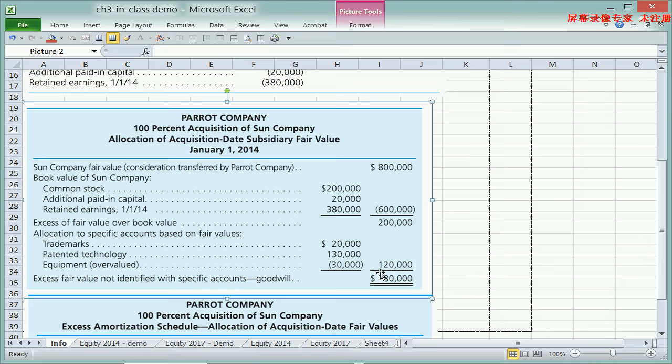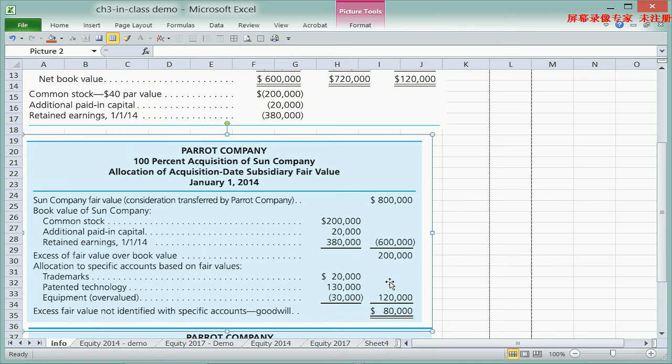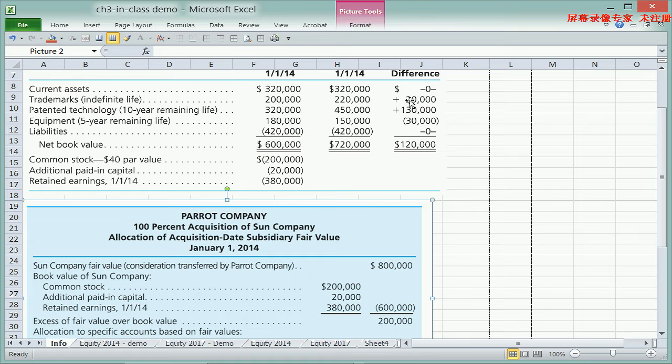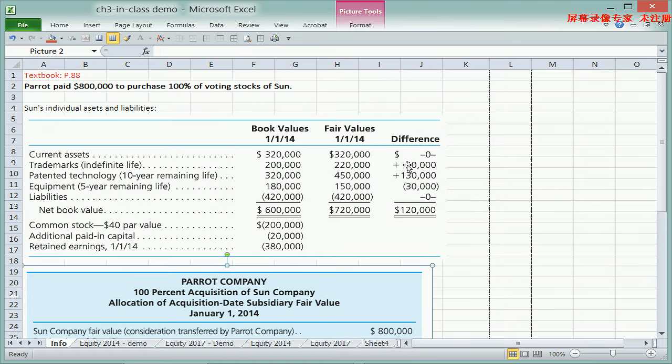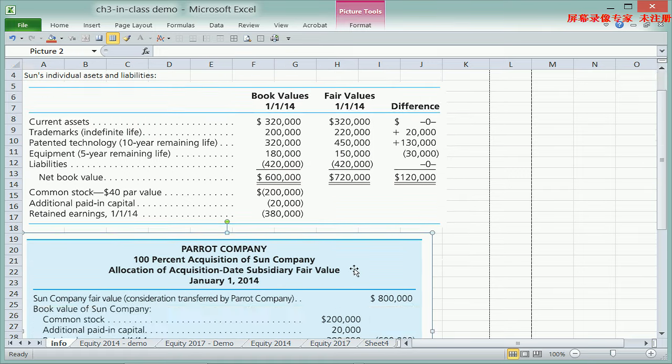The remaining value that is not allocated is attributed to goodwill. So we can see these numbers, for example, the trademarks, the allocation coming from the difference between the book value and the fair value when the acquisition happens.